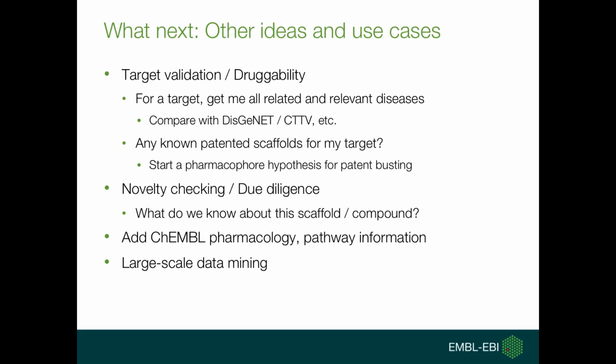Or with a target, you try to find the relevant scaffolds in the patent corpus that are linked to your query target. And of course, with this being the Open PHACTS API, you can very quickly connect to other sources of information. So for compounds or targets, you can quickly access pharmacology data from ChEMBL, or pathway information from WikiPathways.